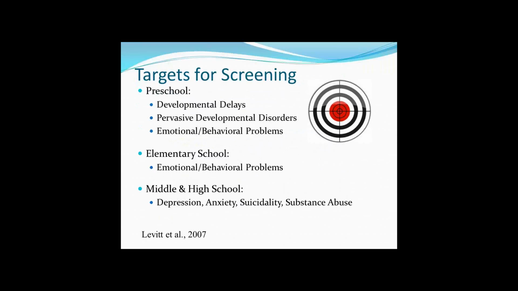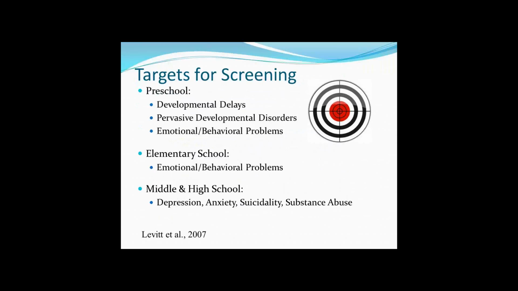In elementary school, you're looking for emotional and behavioral problems. By this time, you'll have identified those that have significant developmental delays or PDD. And here in elementary school, more likely you're going to be looking for ADHD, or it might be screening for anxiety or those sorts of issues.